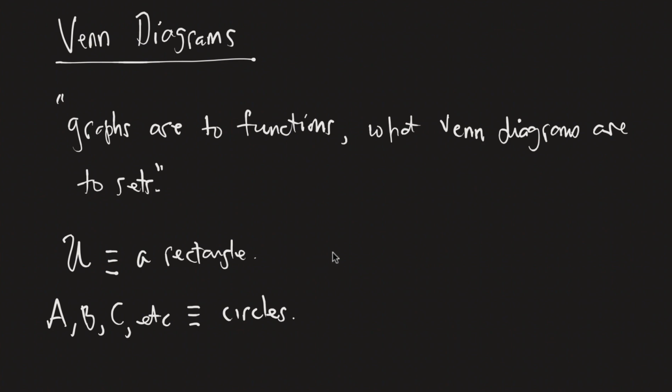I'm going to illustrate a couple of concepts first with just two sets. I'm going to use two sets to illustrate a few ideas associated with the Venn diagram, and then up the ante a little bit and see what it looks like with three sets.